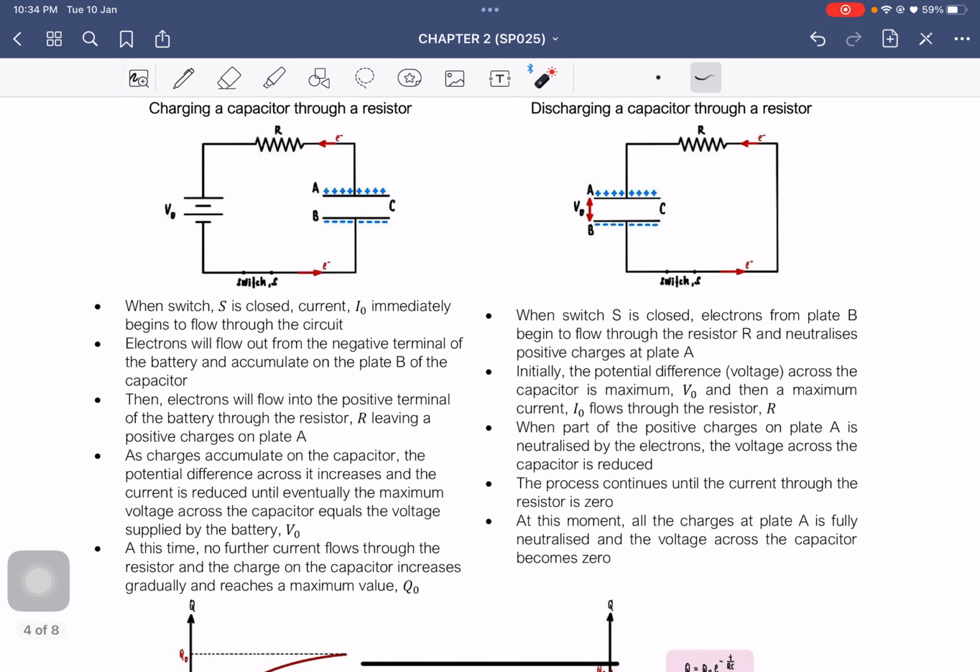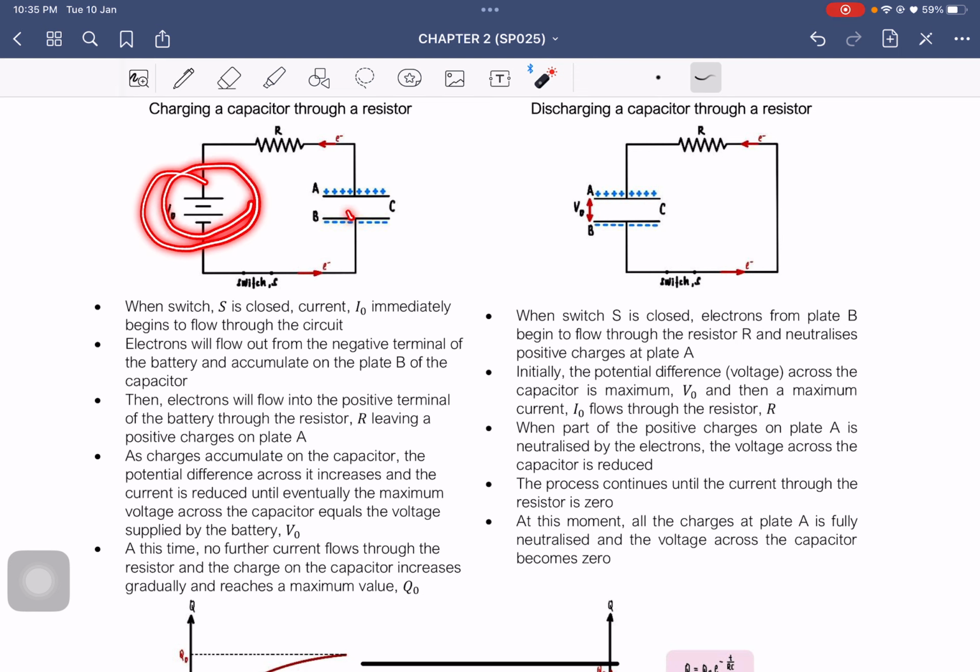So as the charge starts to accumulate on the capacitor, the potential difference across the capacitor will increase and the current will reduce, okay? So what happened is eventually the maximum voltage across the capacitor will be equal to the voltage supplied by the battery here.